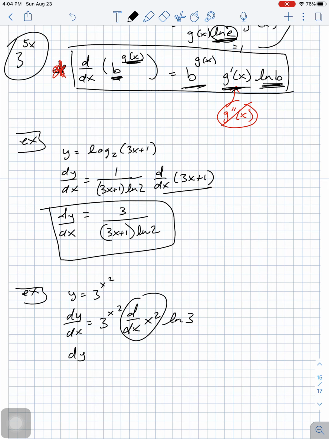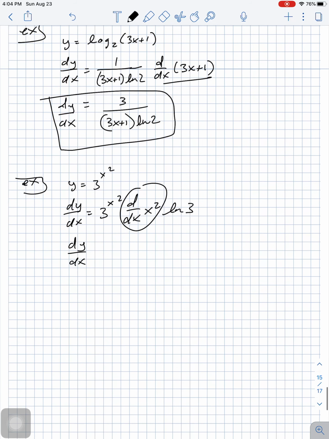So this is the only part I need to do further. I get 3 to the x squared times 2x times the natural log of 3. And that's it. That's your answer. Reduce if you can. So that's how you use those.